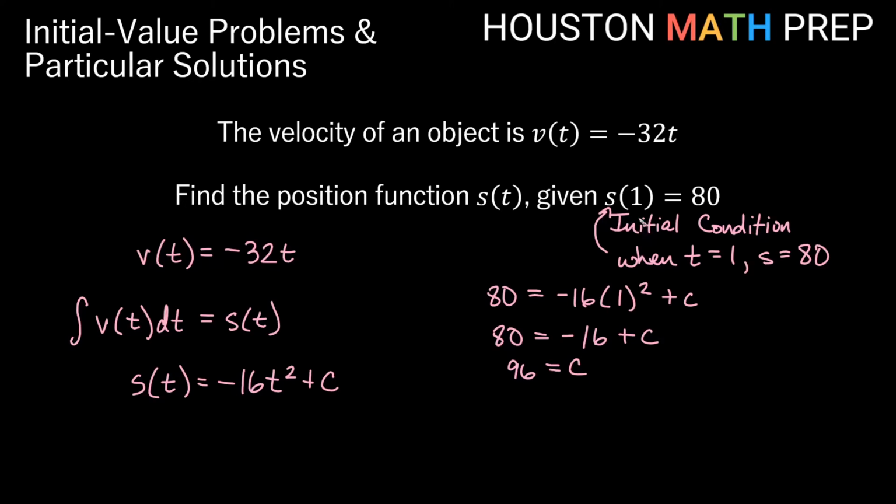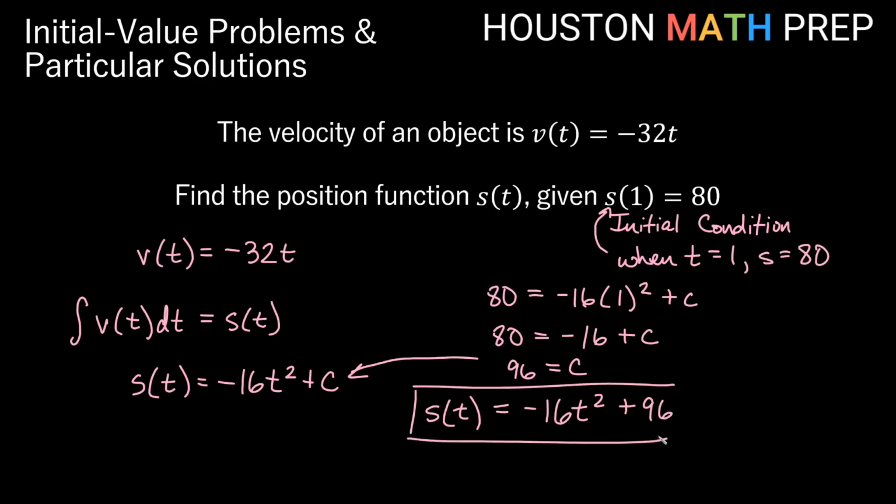If I didn't have this information, I wouldn't know what c is, but now I do, so let's put that in. Our s of t, including this initial condition information, is negative 16t squared plus 96. So we know the particular constant that satisfies this condition, and this is called our particular solution.